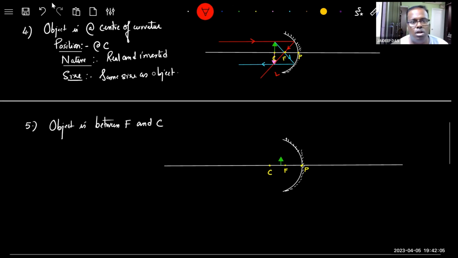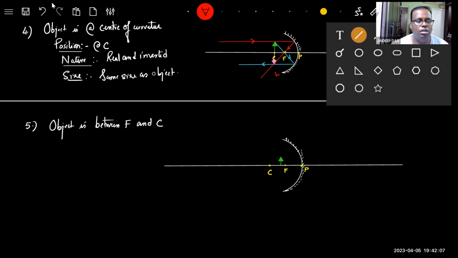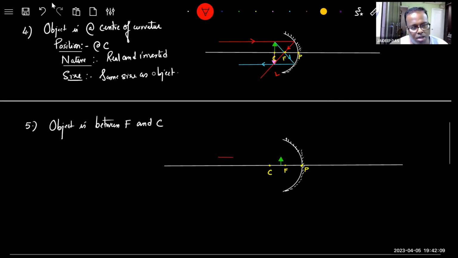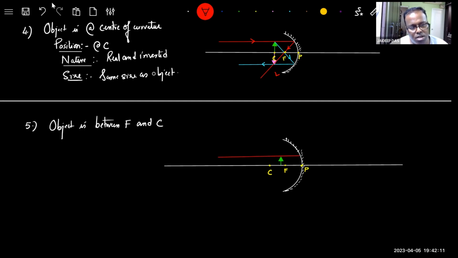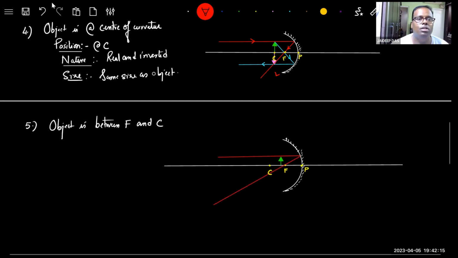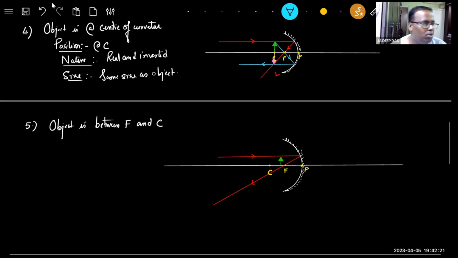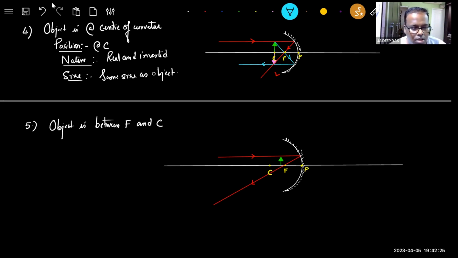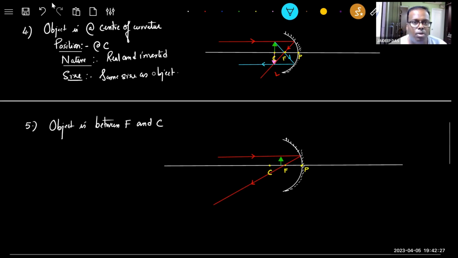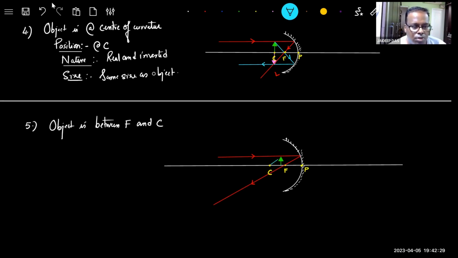So let's put our rays, a ray of light which is parallel to the principal axis passes through the focus after reflection. तो ये तो clear ही रहता है. So let's make it a ray of light. And the other ray, how we'll do? The other ray we will use straight, the ray which is from center of curvature to the object in such a way that this ray comes and intersects here.